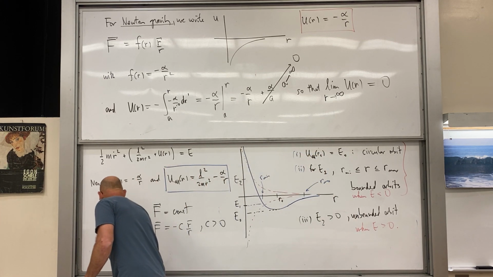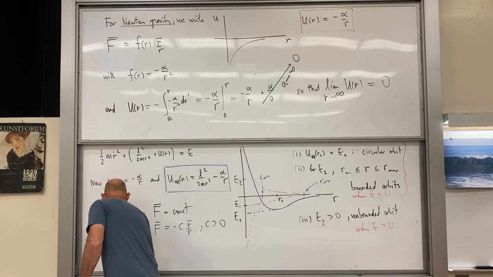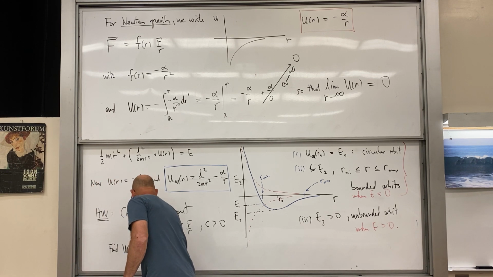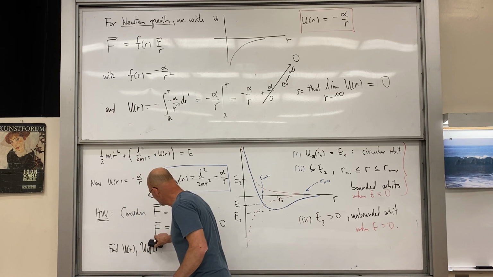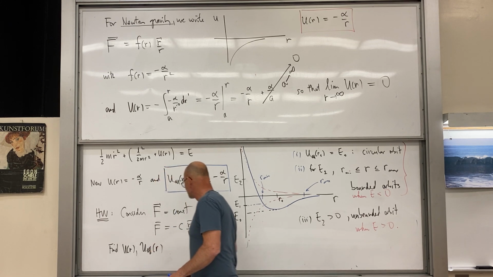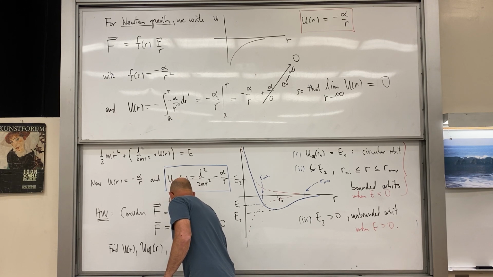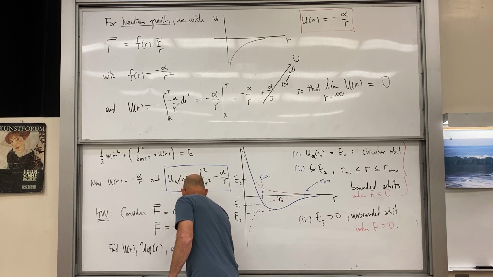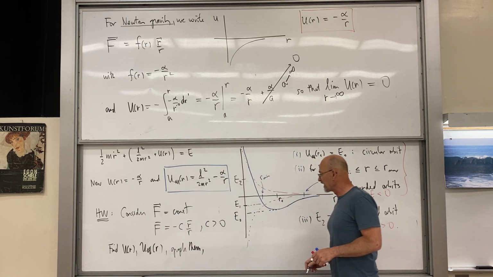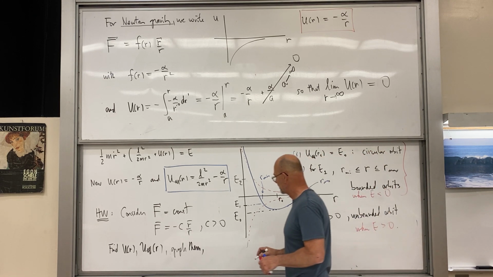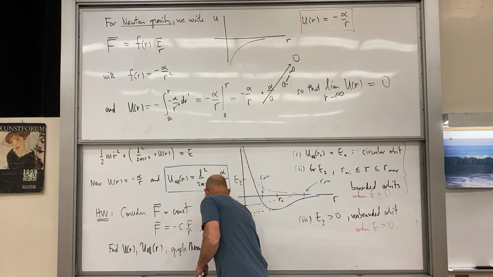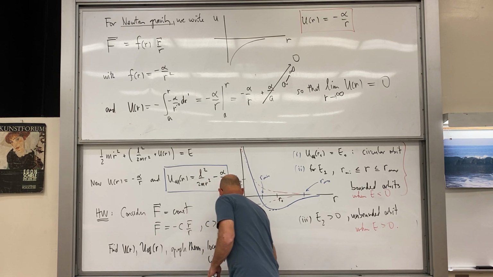So find U of R and U effective of R, graph them both, and locate the circular orbit.